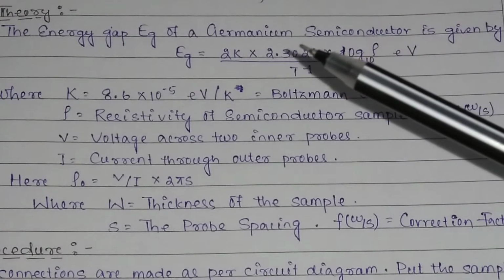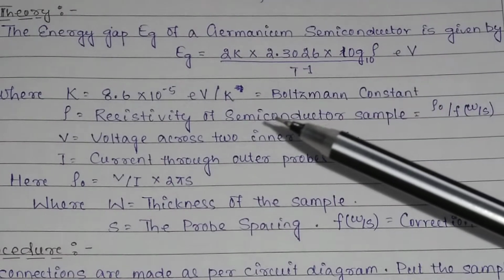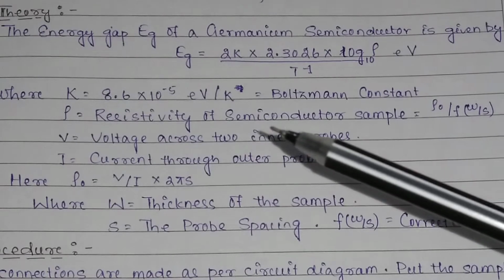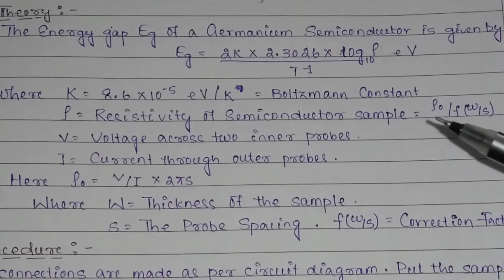To calculate the energy gap, first we have to find the resistivity of the semiconducting sample. And the resistivity of the semiconductor sample is equal to rho 0 divided by f of W by S.